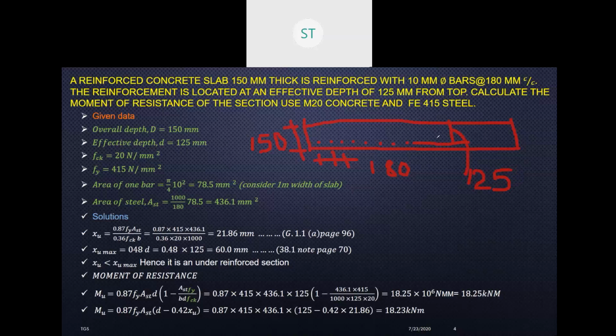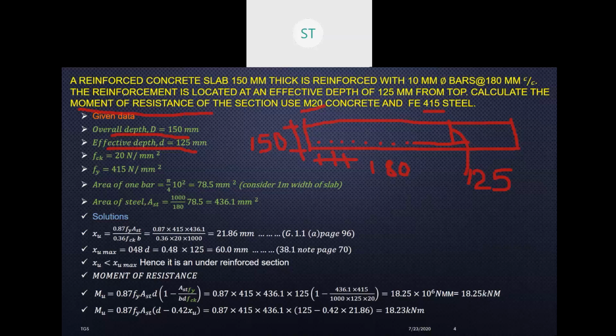That is, effective depth is 125, and the overall depth is 150. Calculate the moment of resistance of the section. Use M20 grade concrete and Fe415. This is the question: find the moment of resistance.